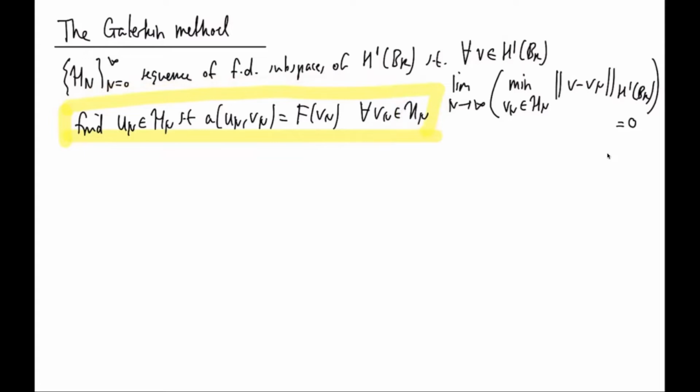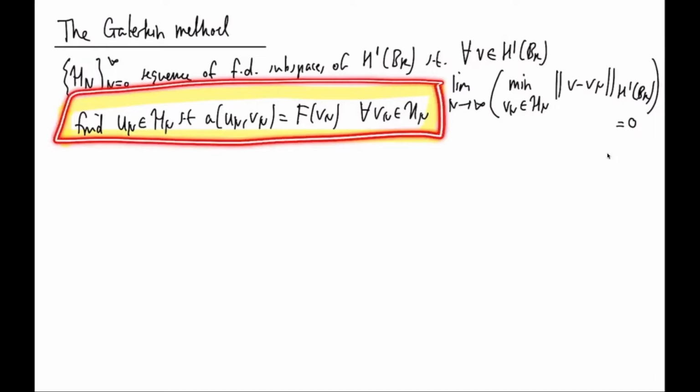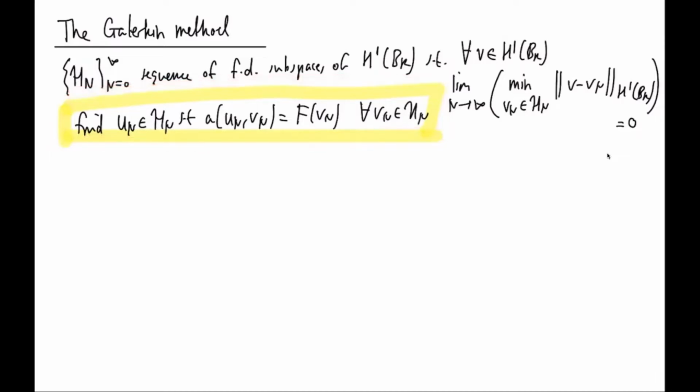But I'm hoping maybe some of you were scared when I started talking about the finite element method, but now you see it's just this yellow box, the instruction for the variational formulation, but instead now working in this finite dimensional subspace. Okay, good. So that's the Galerkin method in general for getting a sequence of approximations un to my solution u.